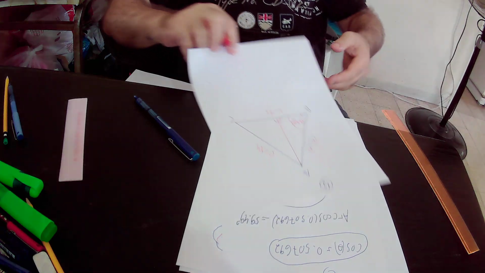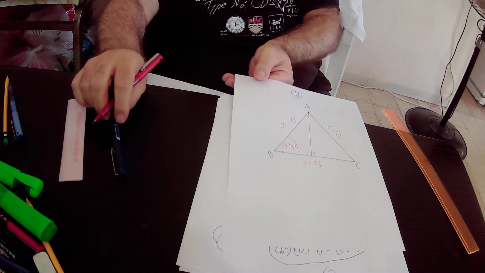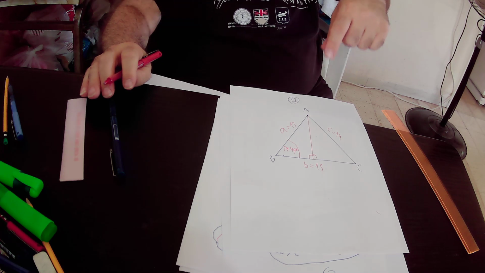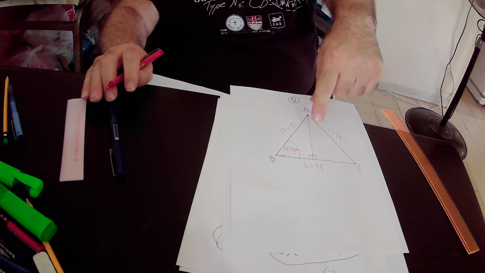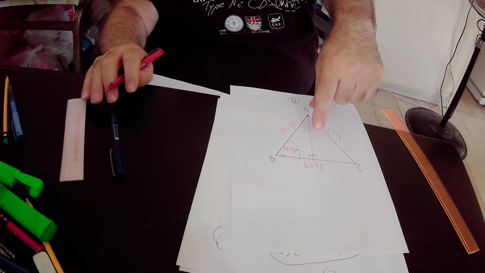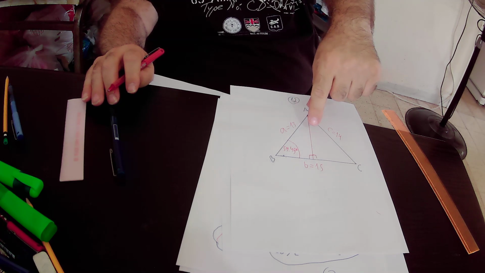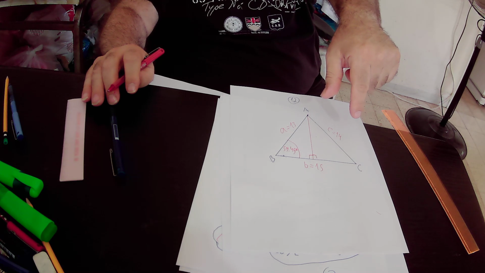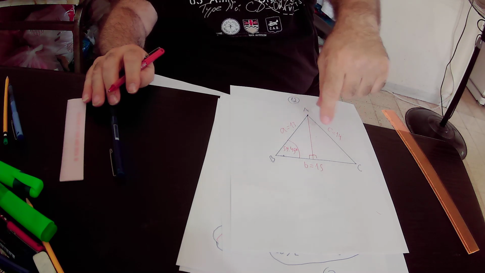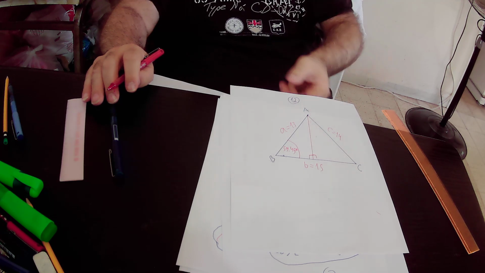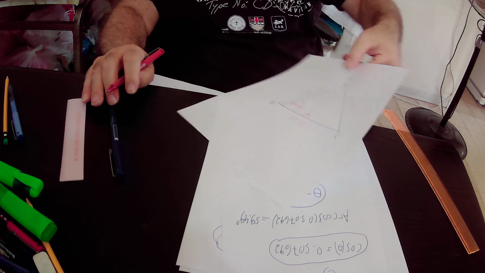So actually we created a right triangle, and because the red line is perpendicular to BC, it is actually the height of triangle ABC. The height to the base BC is the red line, so I will define it as h, the height.